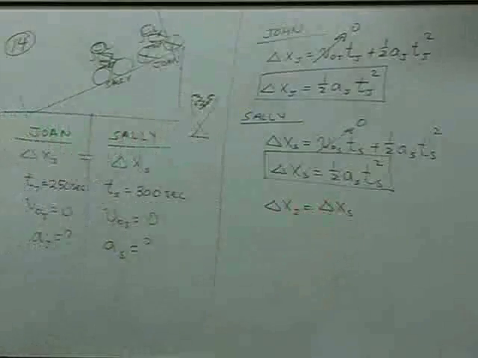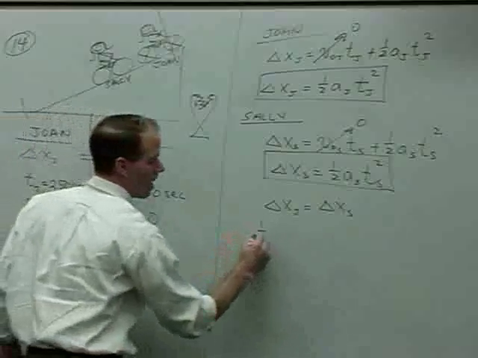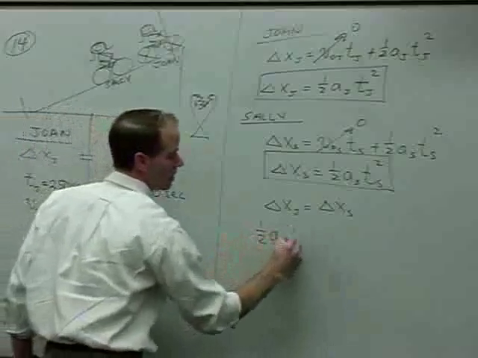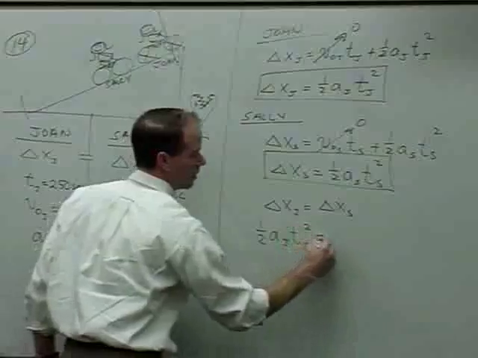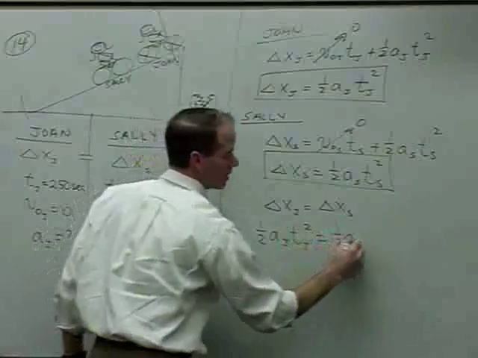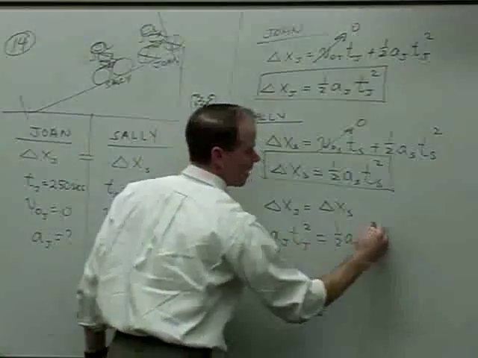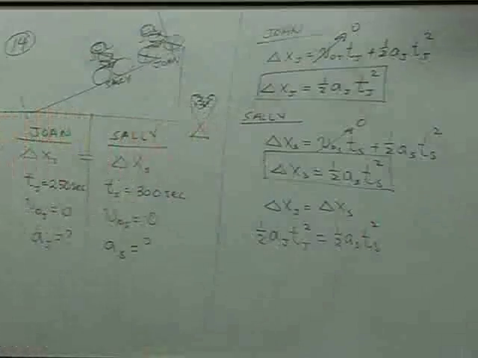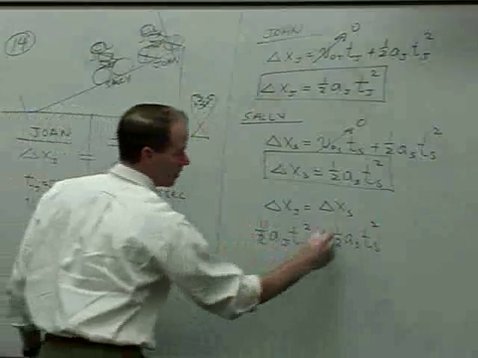They're going to go the same track. So we'll have 1/2 acceleration for Joan times time for Joan squared equals 1/2 acceleration for Sally time for Sally squared. Multiply both sides by 2, get rid of the 1/2.